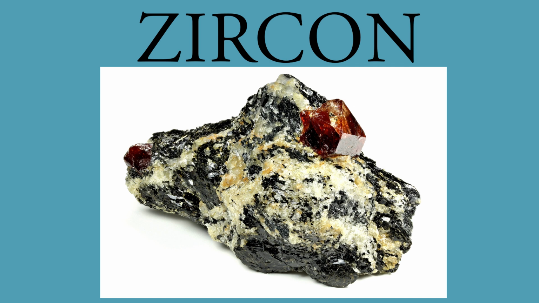Uranium has a half-life of about 4.5 billion years, so samples of uranium will stick around for a very long time. Because of uranium in zircons, we have been able to date the age of the Earth to around 4.6 billion years.